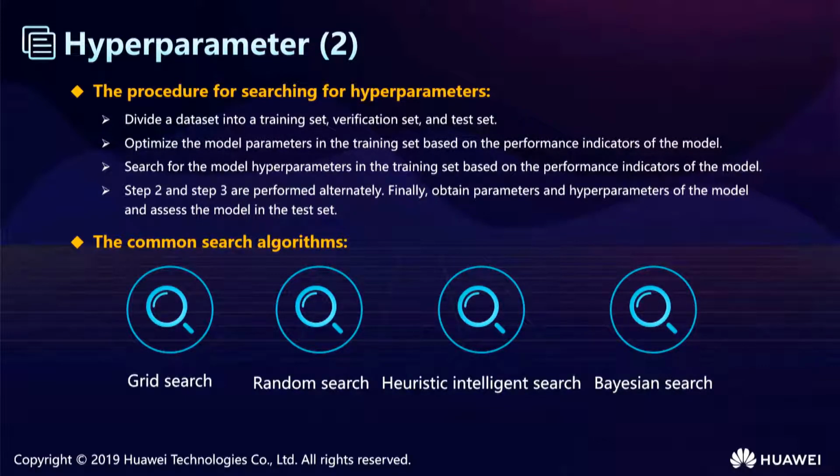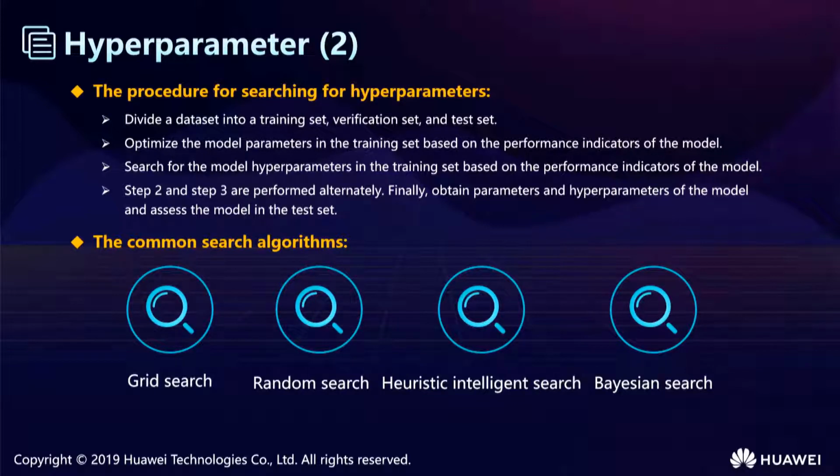Search for the model hyperparameters in the verification set based on the performance indicators of the model. And step 2 and step 3 are performed alternately. And finally, with the parameters and hyperparameters of the model determined, assess the model on the test set.